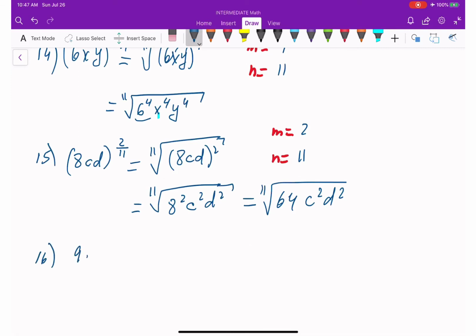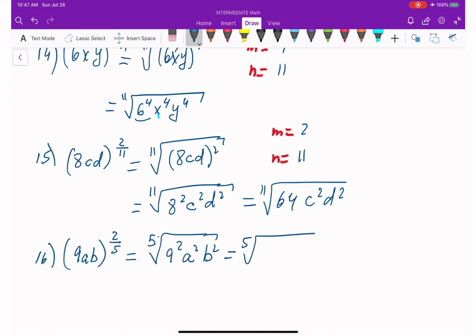9ab to power 2/5. So this is equal. Okay, 5 comes here, 9 to power 2, a to power 2, b to power 2, which means radical 5, we get 81, a squared, b squared.